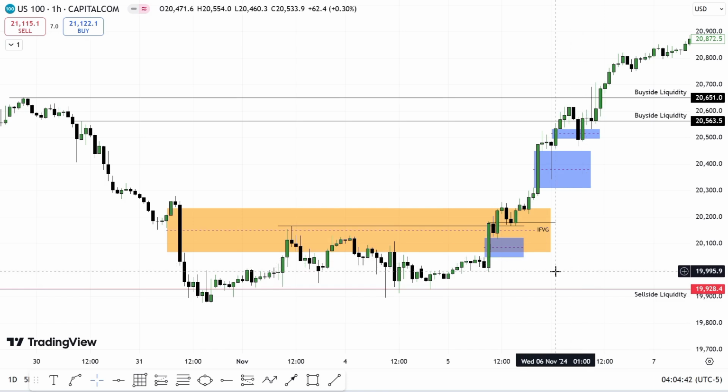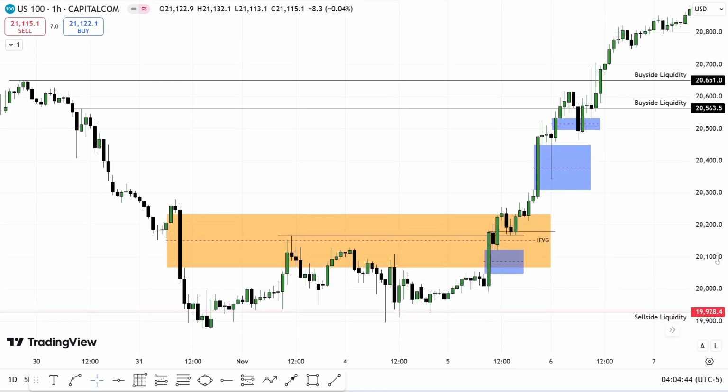So you just want to be in line with what is happening with the bigger money, because the bigger money will always pump in liquidity for us, creating fair value gaps and expansion that would cause fair value gaps. So now this here validates a shift in market structure.